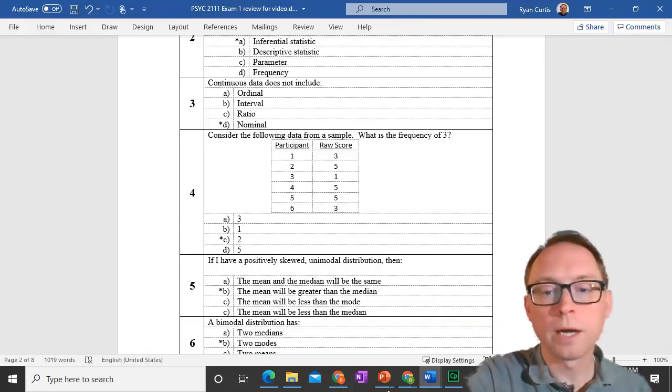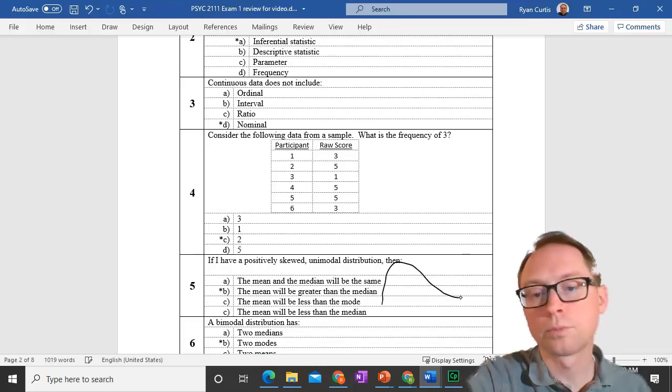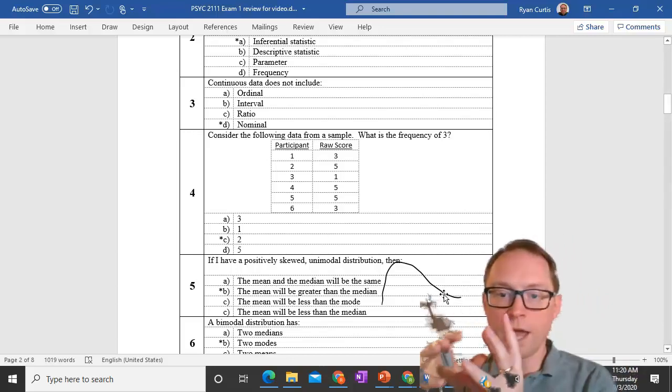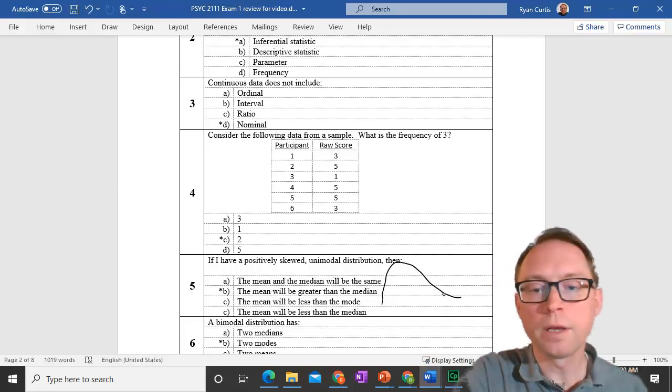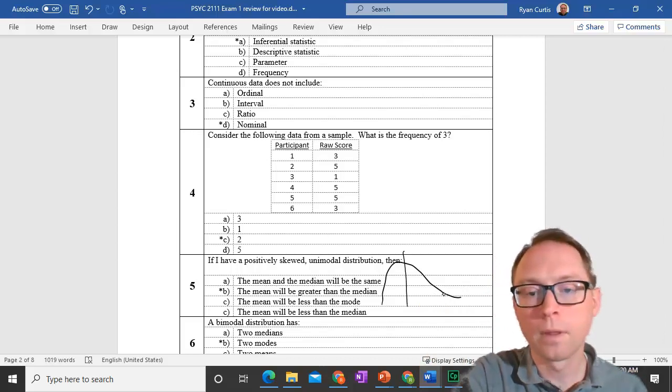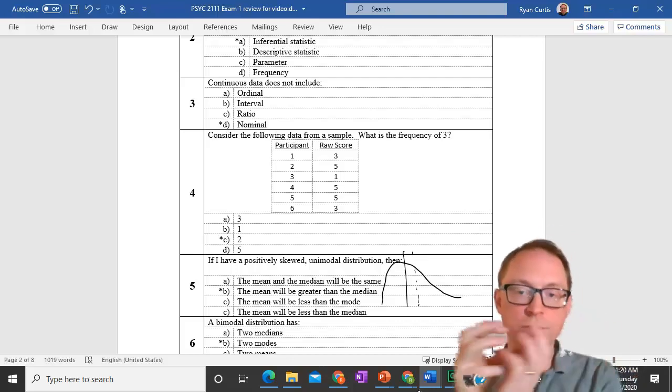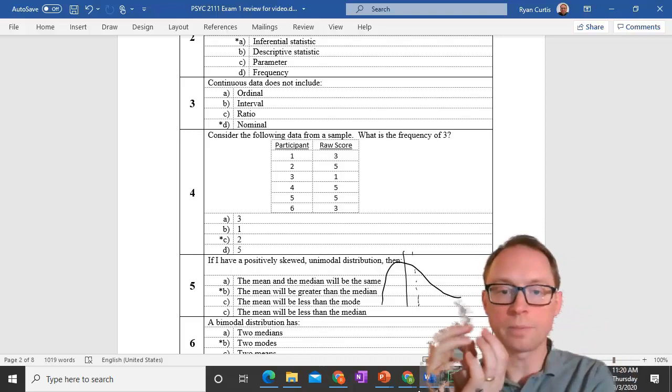So I got positively skewed, so it looks something like this, right? These positive scores over here are pulling the average up. The median, the middle, is going to be somewhere around there, right? But the mean is going to be somewhere around here because those positive scores are skewing it up.